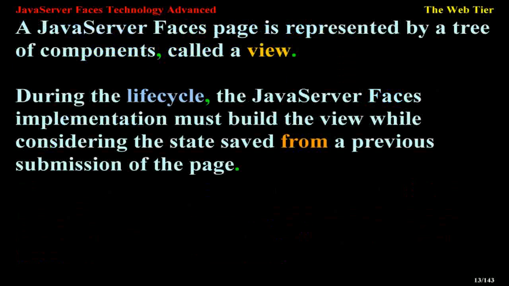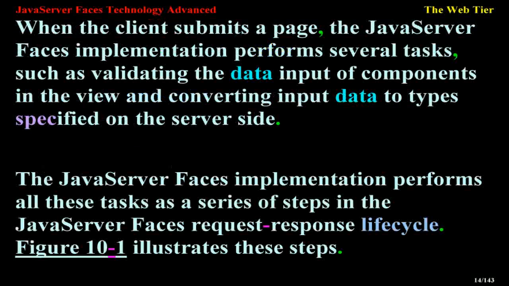A JavaServer Faces page is represented by a tree of components, called a view. During the lifecycle, the JavaServer Faces implementation must build the view while considering the state saved from a previous submission of the page. When the client submits a page, the JavaServer Faces implementation performs several tasks, such as validating the data input of components in the view and converting input data to type specified on the server side.